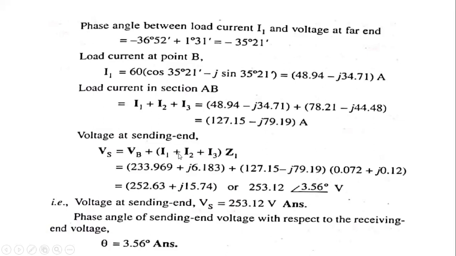Okay, this is the voltage across the AB section. This formula gives the voltage across the AB section, that is VAB. This is the voltage across the A to B section.